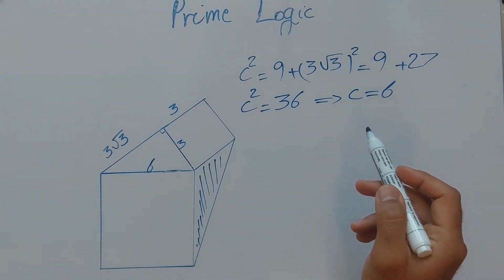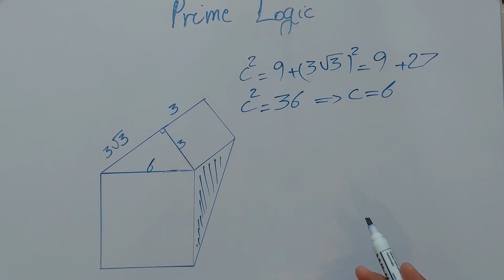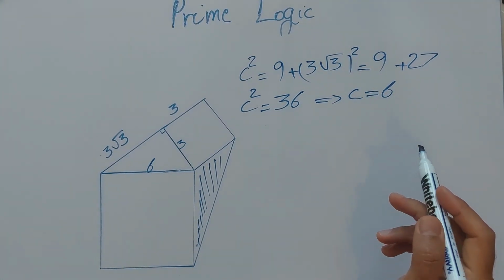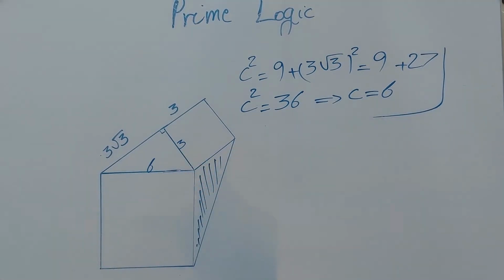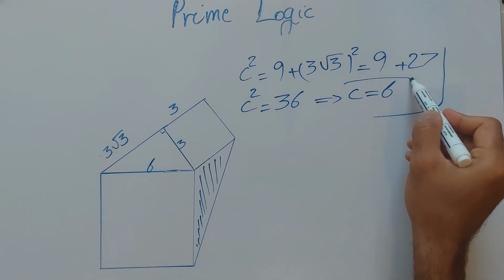So for those of you who want a faster approach, this is the general approach for finding the hypotenuse of this right angle triangle.